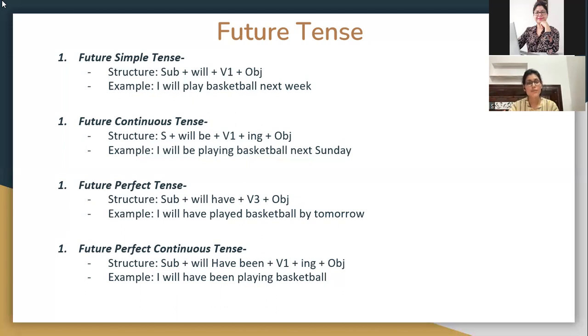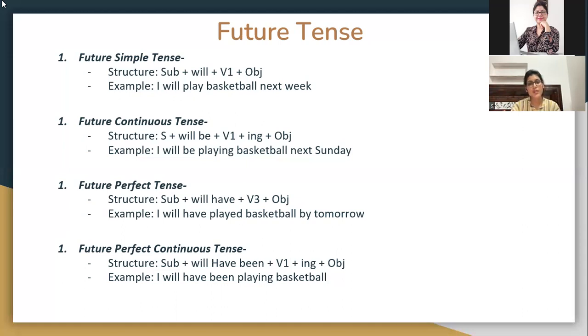The structure is subject plus will be or shall be plus first form of main verb plus ing plus object. An example is I will be playing basketball next week, or I will be going to college next day.